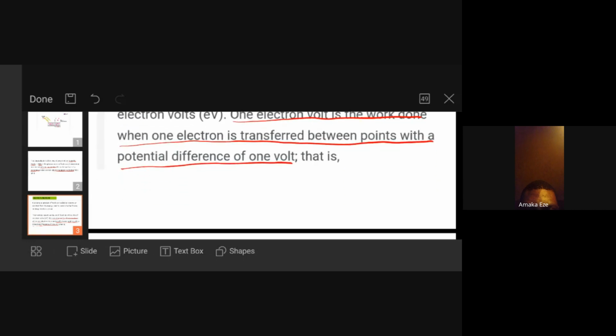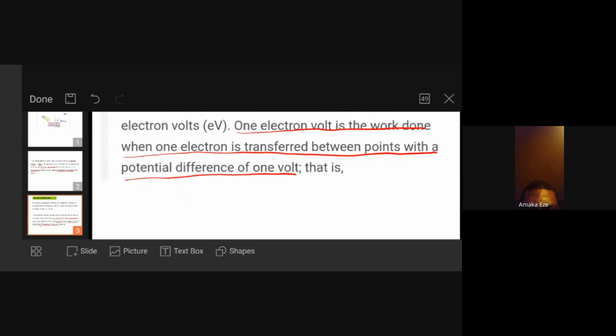And that electron volt can be converted to joules. All right. So 1 electron volt is actually the charge of an electron multiplied by 1 volt. Of course, the charge of an electron is 1.602 times 10 raised to the power minus 19. This is the charge of an electron.